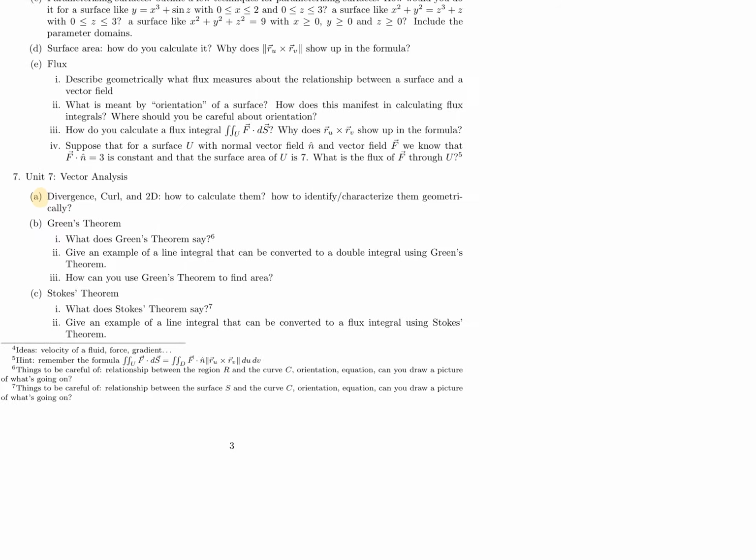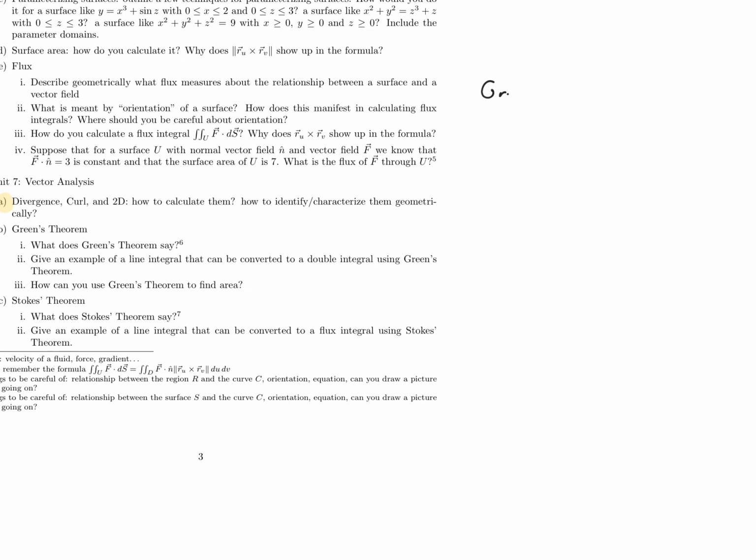So Green's theorem only applies in R2. The situation is that we have a region R in the plane that is surrounded by a curve C. So there are two pieces here: the curve C and the region R, of which C is the boundary.